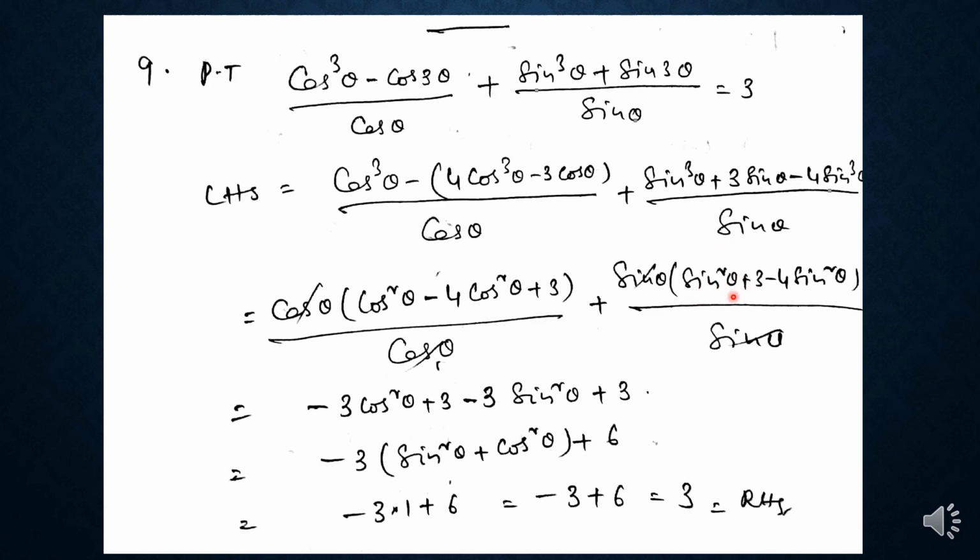Sin square theta minus 4 sin square theta can be written as minus 3 sin square theta plus 3. So minus 3 cos square theta plus minus 3 sin square theta, that is minus 3 into sin square theta plus cos square theta, plus 6. We know that the value of sin square theta plus cos square theta is 1, that is minus 3 into 1 plus 6, which is equal to minus 3 plus 6, which is equal to 3. So that is the required solution.